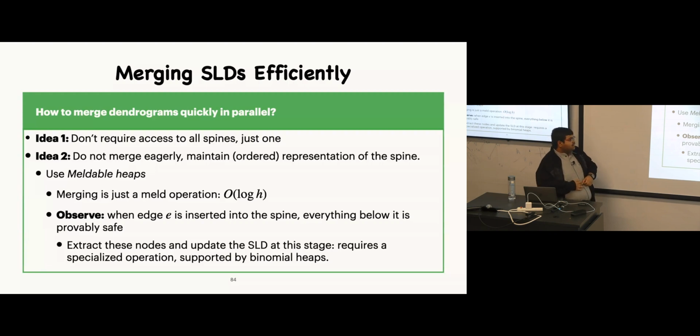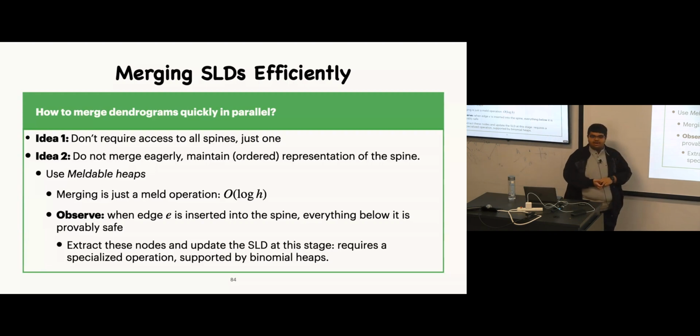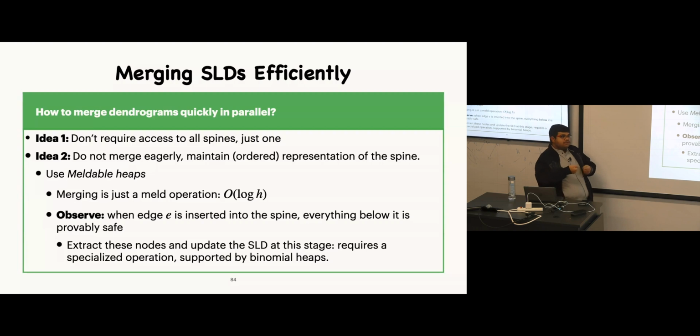And the second operation that we would require is whenever a compress or a rake happens, we add that edge to that particular spine. One observation is that any edge whose weight is smaller than that edge is protected from any future merges, because any future merge has to happen through this edge E, and everything below it is of smaller weight, so it can't interfere with those.